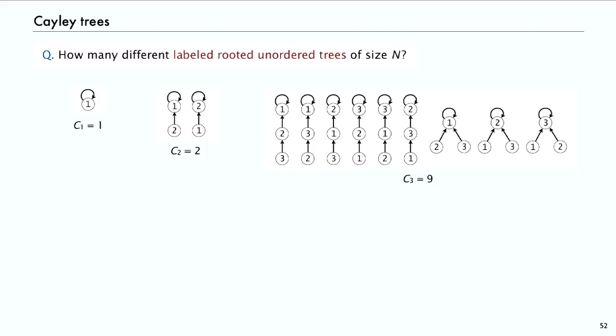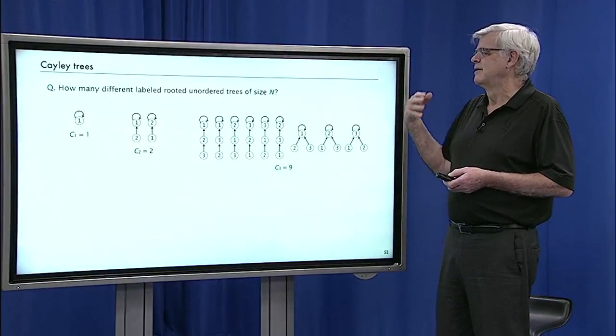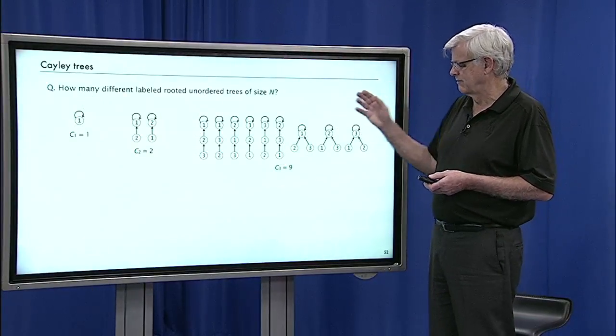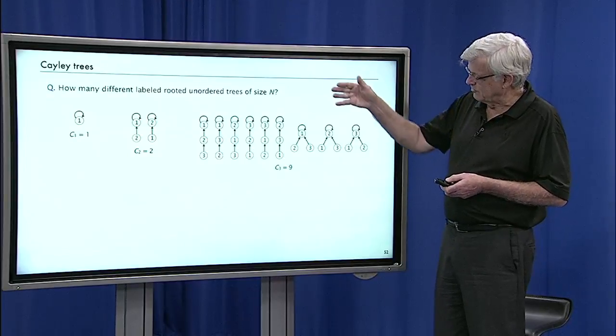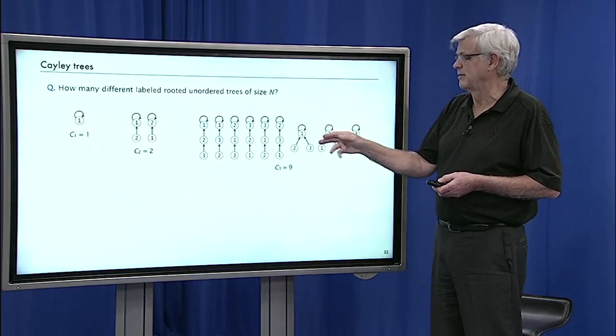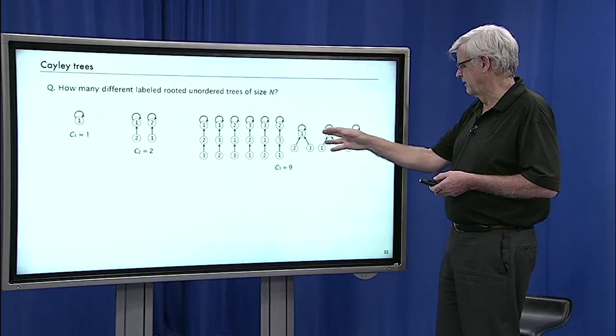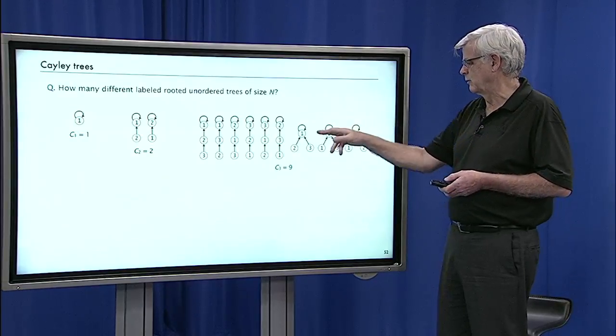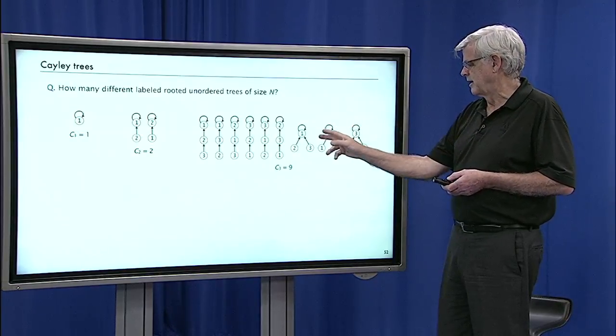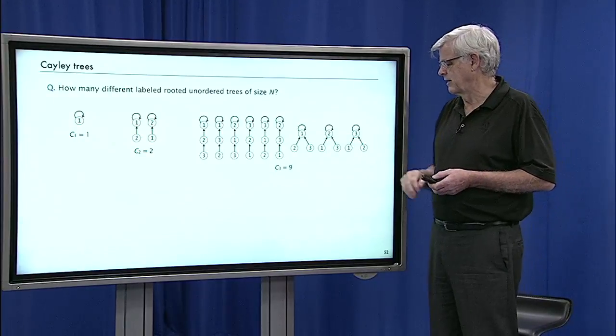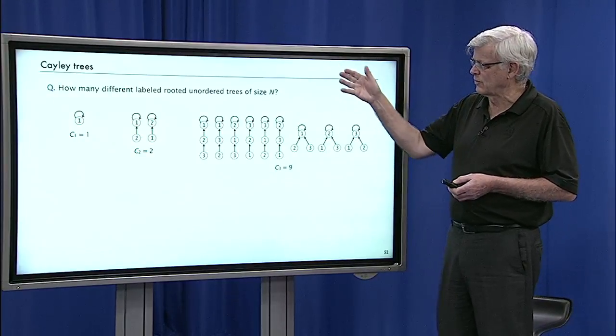And unordered means if there's 2 children of a root, we don't consider the order of the 2 children to be significant. So there's 9 different Cayley trees of 3 nodes. So these 6 are all different because of the labels, and these 3 are all different because of the labels. 1, 2, or 3 could be at the root, but it doesn't matter what order the subtrees of the root are. Those are called Cayley trees.